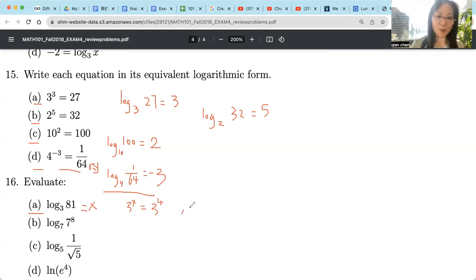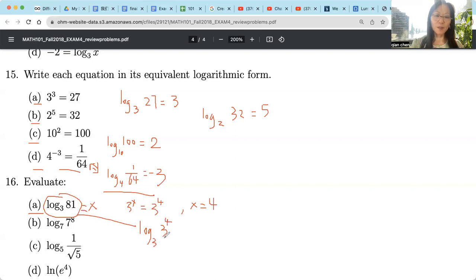Right? So that means x equals to 4. But we don't really want to do this all the time. So what else could we do? Log base 3 of 81, we can rewrite as log base 3 of 3 raised by 4.